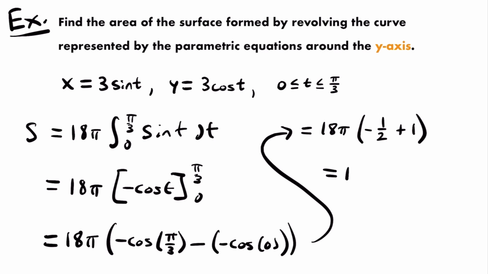So this is equal to 18 pi times positive 1/2, and 18 times 1/2 is 9, and so this is equal to 9 pi. And so 9 pi is the area of the surface of revolution formed by revolving the curve represented by these parametric equations between these two values of t around the y-axis.